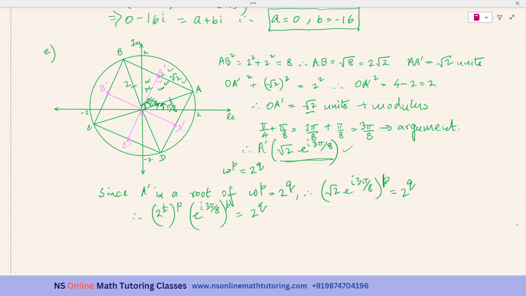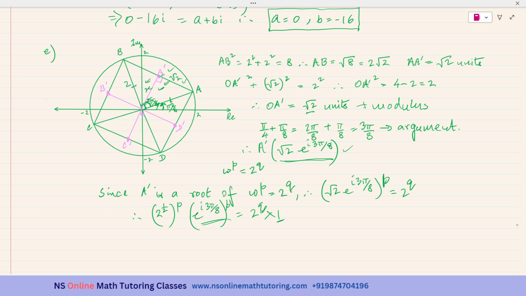Okay, and 2 to the power of q can be written as 2 to the power of q times 1. Why am I writing this times 1? Because I need an equivalent part over here also. I want to write e to the power of something. So I can write 1 as e to the power of i 0, because cos 0 is equal to 1 and i sin 0 is 0.